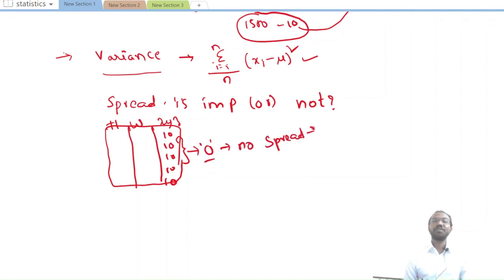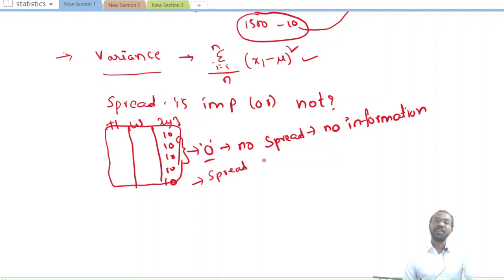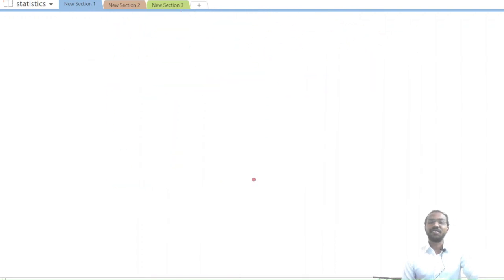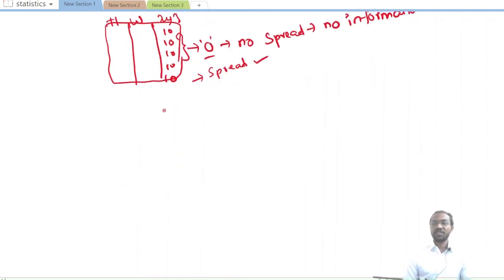No spread means no information. For no information, why are we taking so much time doing analysis? So, is spread important or not? In my terminology, spread is a very important term while doing univariate analysis. With spread, we also know whether our data is consistent or inconsistent.